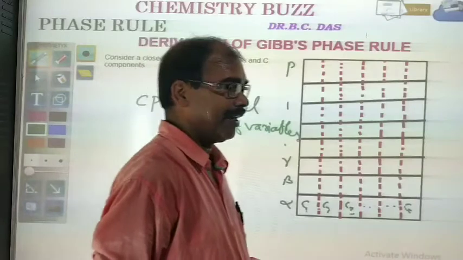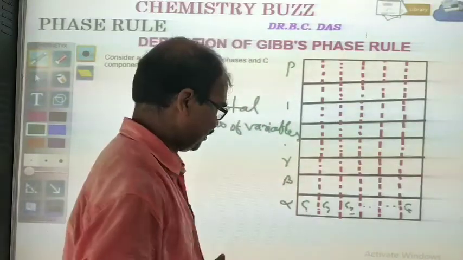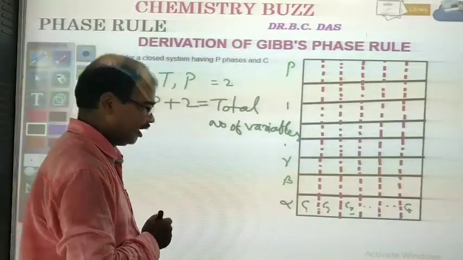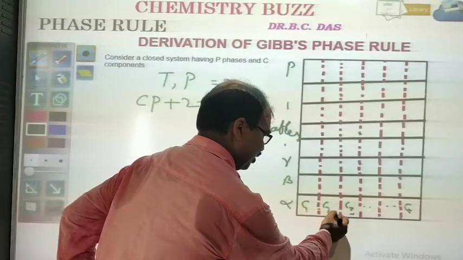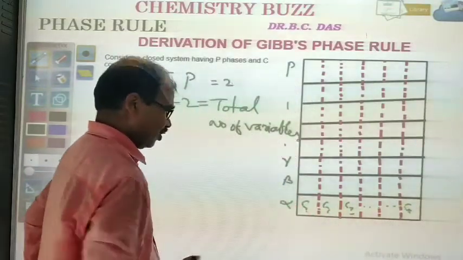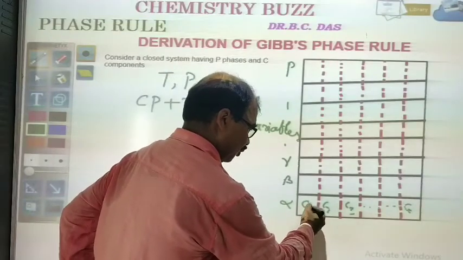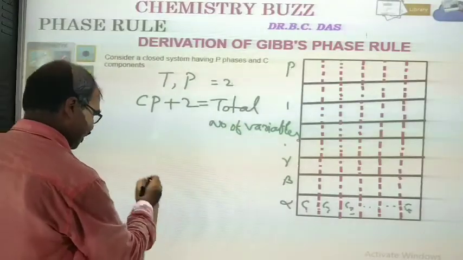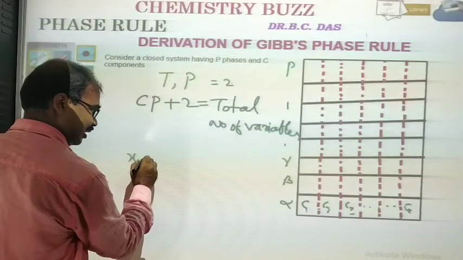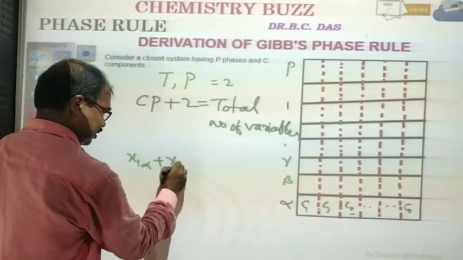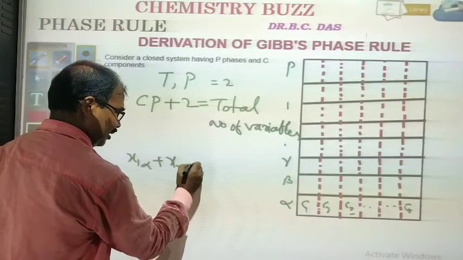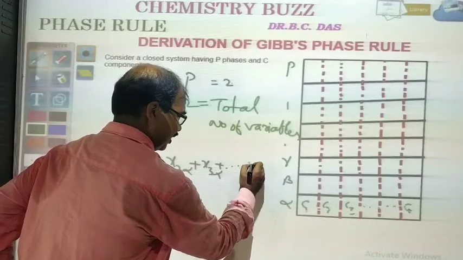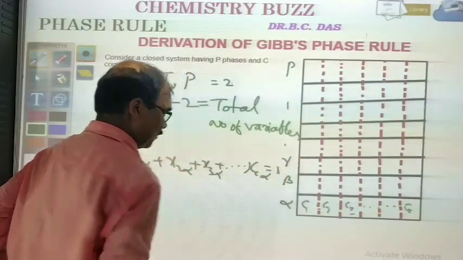For the independent variables, we have to apply restrictions. So in the alpha phase, how many restrictions are there on the variables? For the alpha phase, with components C1, C2, C3 up to CC, the sum of the mole fractions is equal to 1. So we can write x1 alpha plus x2 alpha plus x3 alpha plus up to xC alpha is equal to 1.